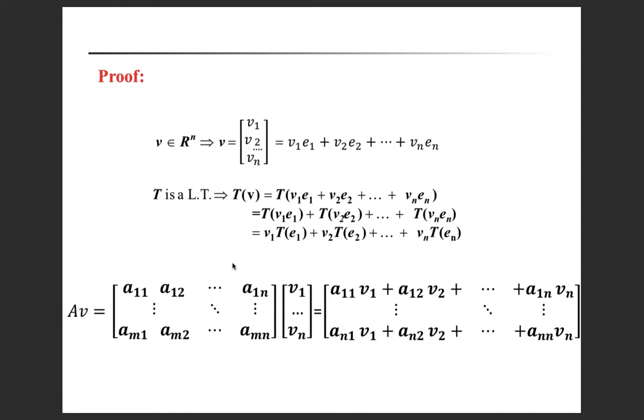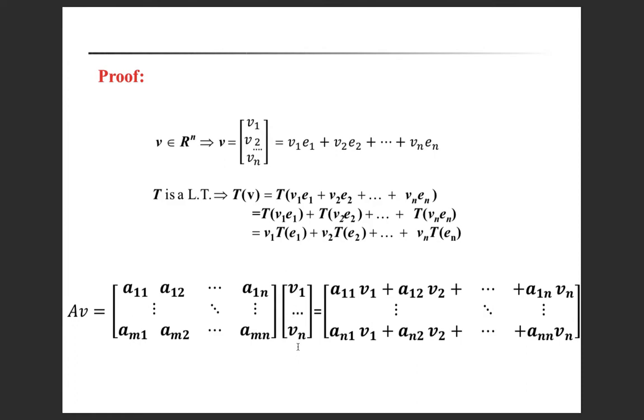So here we can write AV, where A is the matrix A11 through Amn and V is the column V1, V2, ..., Vn. AV will be equal to, we will multiply this m by n matrix by this column matrix.